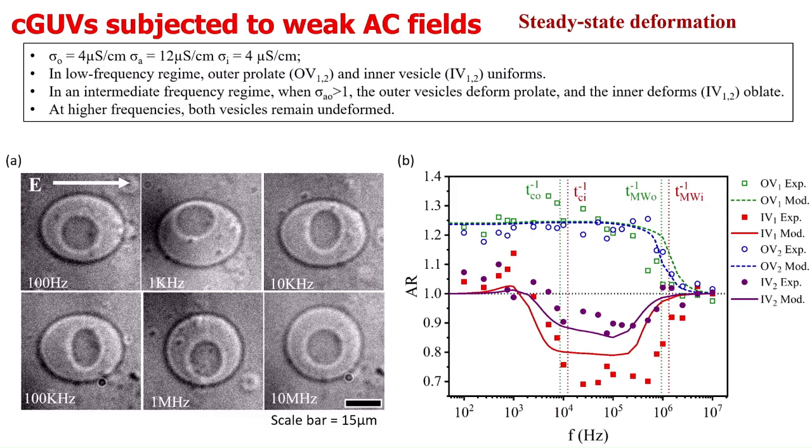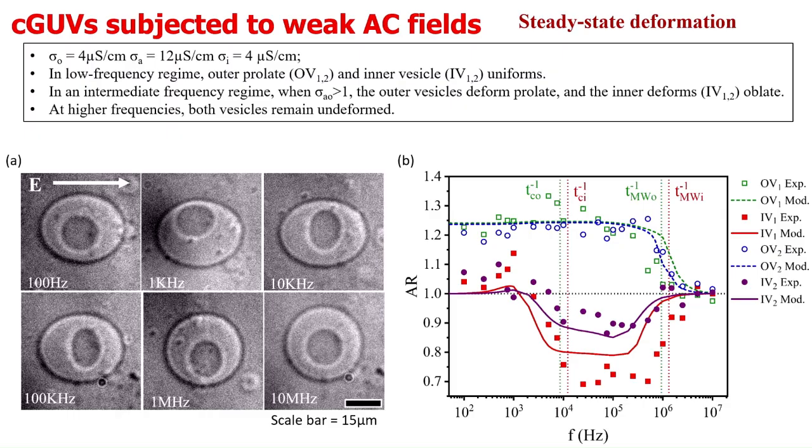And the idea is that you subject these compound vesicles to different frequencies in AC electric fields. So you are applying very weak, non-porating AC electric fields, and you do a frequency scan. And what you see here is that the outer vesicle is deformed into a prolate shape, the inner vesicle deforms into an oblate shape, and you get this kind of a frequency map.